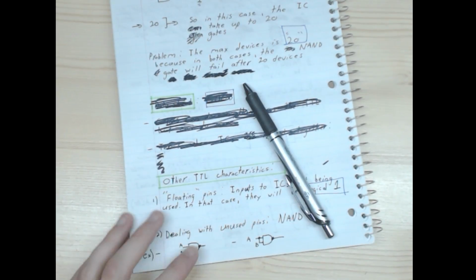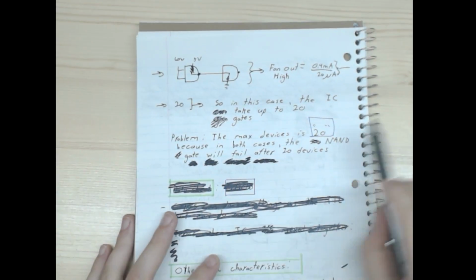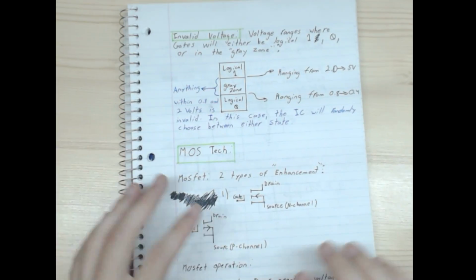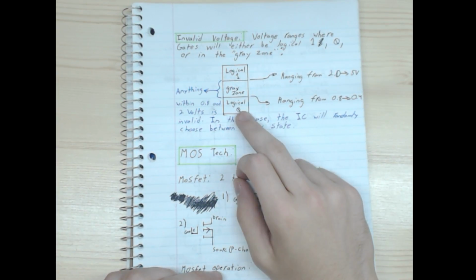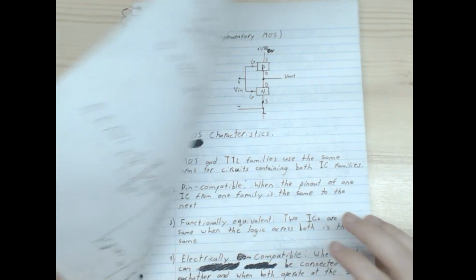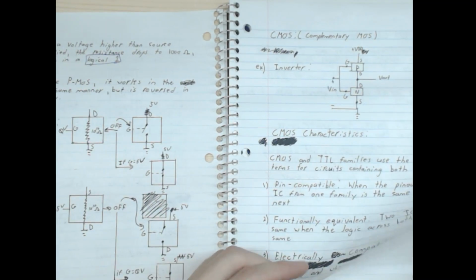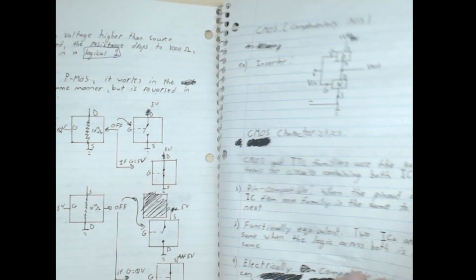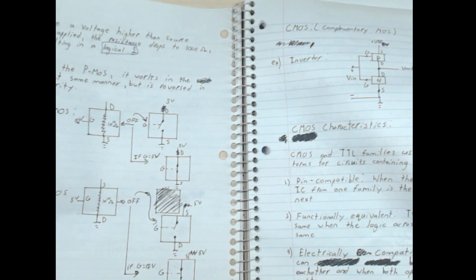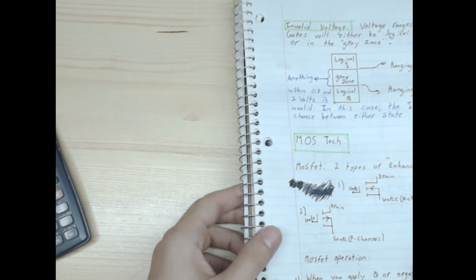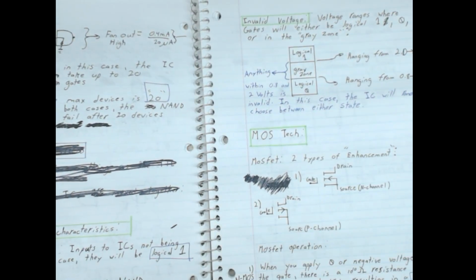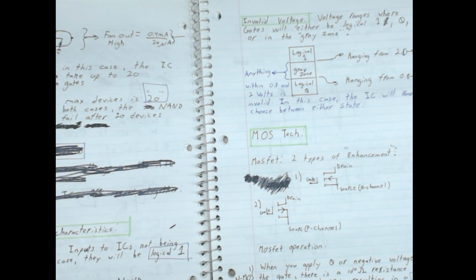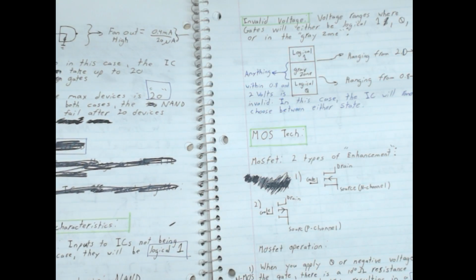As you can see, I'm just switching to the camera so I can look over what else I have. Invalid voltage. We got CMOS. It talks about, but he doesn't want us to study that right away, so let's go back. So again, what does he want us to learn?